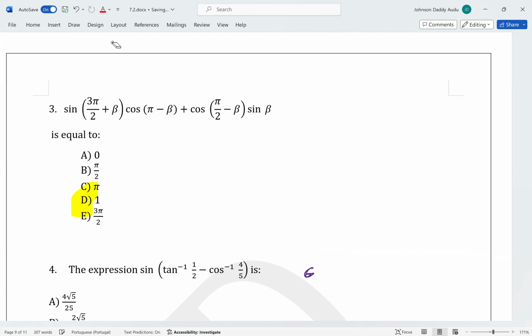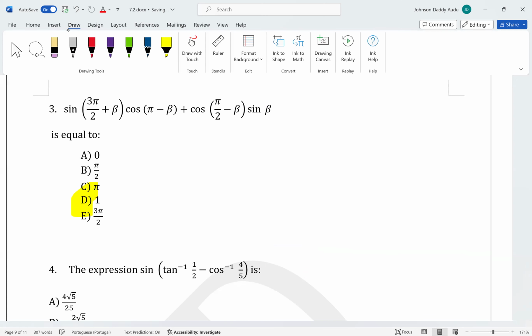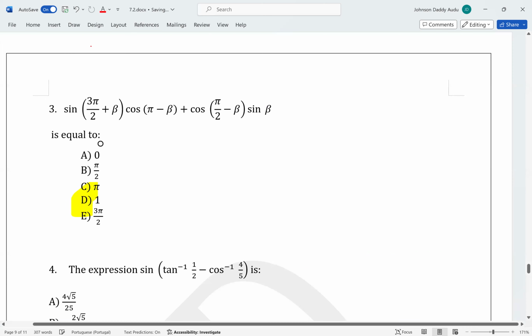Now, for example 3, we have sine of 3 pi over 2 plus beta, multiplied by cosine of pi plus beta. All right, so here we need to expand. We have these two terms here, this one and this one.